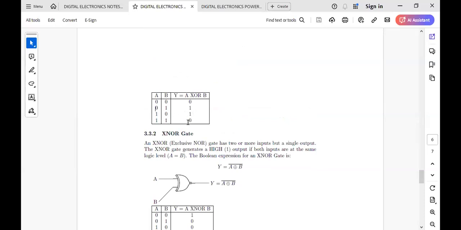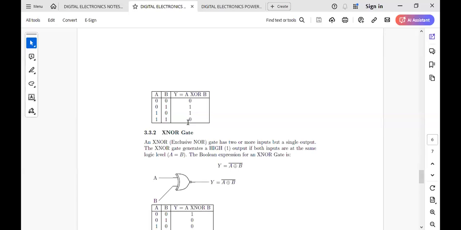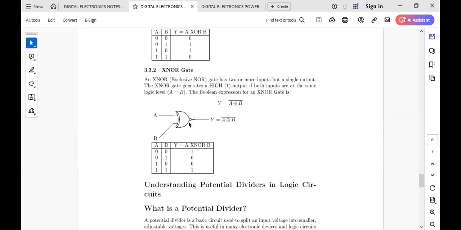That's the XOR. And then XNOR does the opposite of XOR. XNOR outputs 1 when the inputs are the same. If you have 0, 0, it outputs 1. Maybe I had not given the symbol for XOR and XNOR.